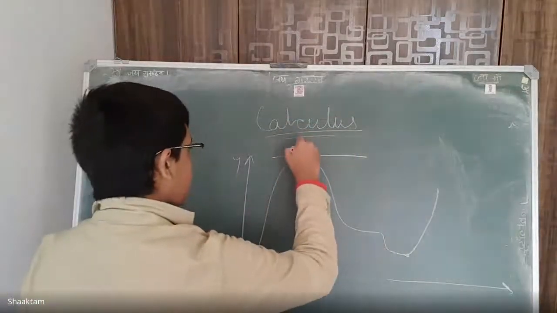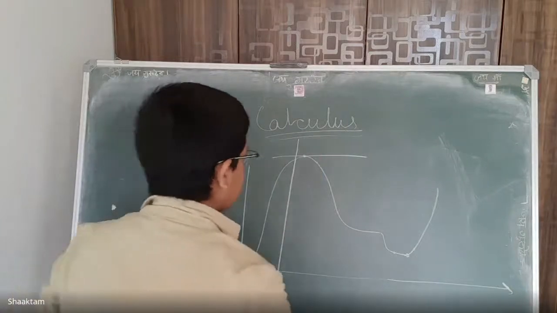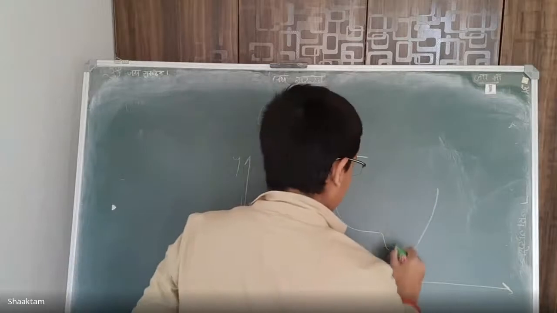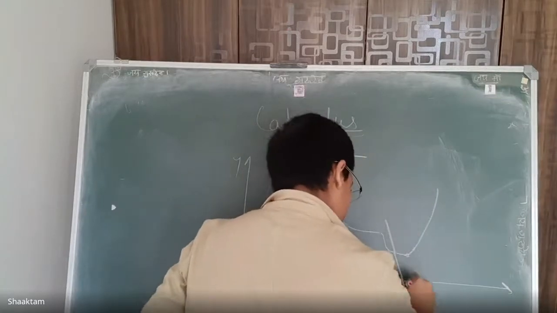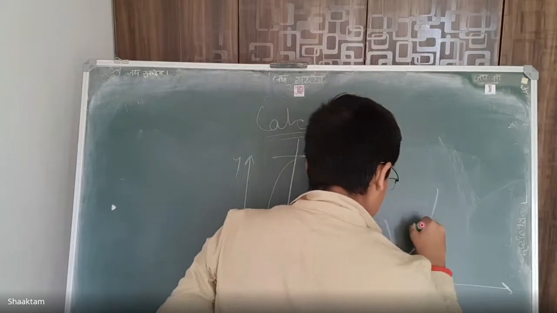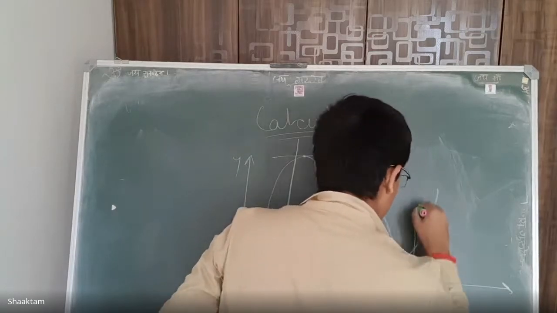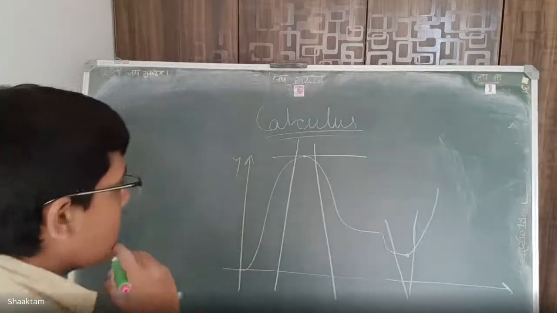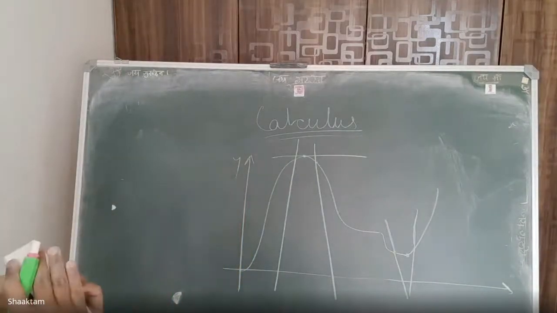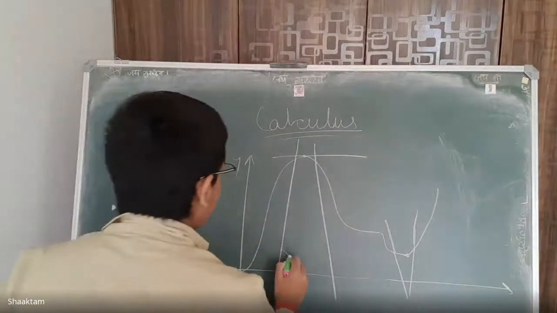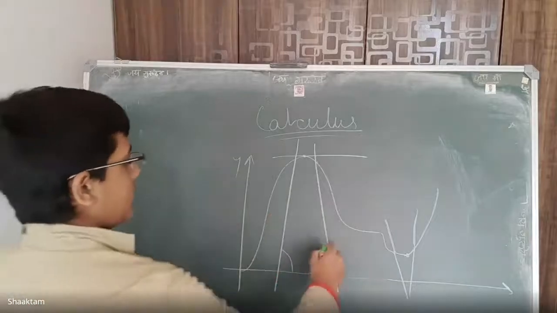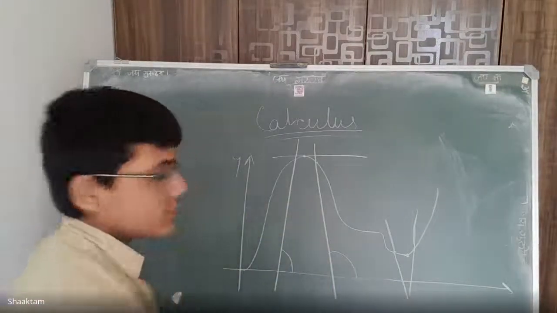So, let me draw tangent. And then, okay. Now what you can observe is, just before the maximum, this angle is acute, slope is positive. This angle is obtuse, slope is negative.